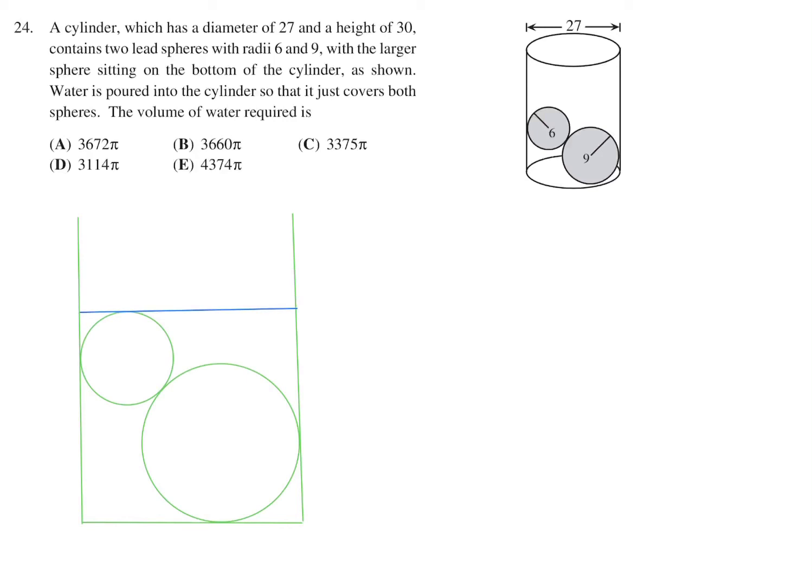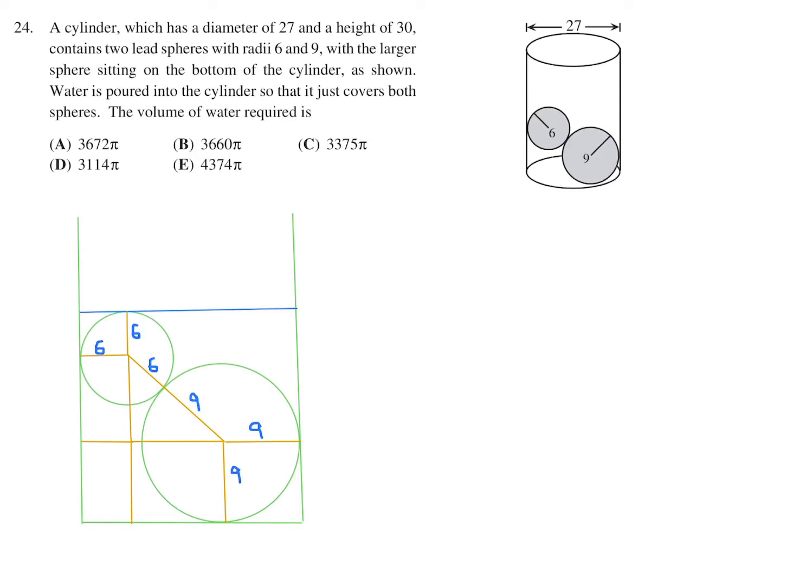Now we have to label a bunch of radii so that we can figure out some very important distances. So the first thing I'm going to do is draw lines from the center of each circle like that, and let's start labeling what we know. We know that the radius of the small circle is 6. So that's 6, that's 6, and that's 6. We know that the radius of the large circle is 9. So that's 9, this is 9, and this is 9.